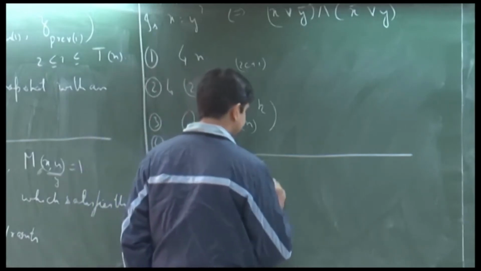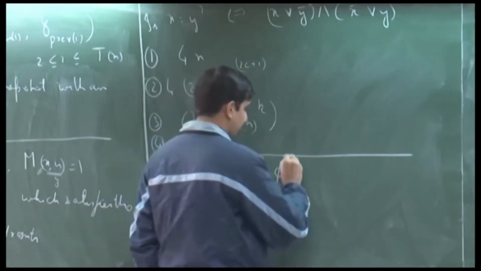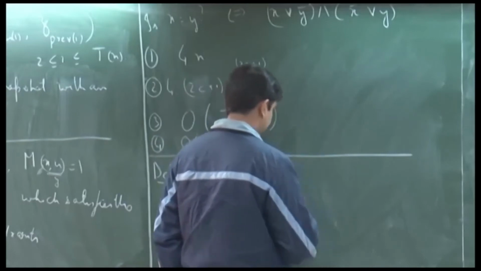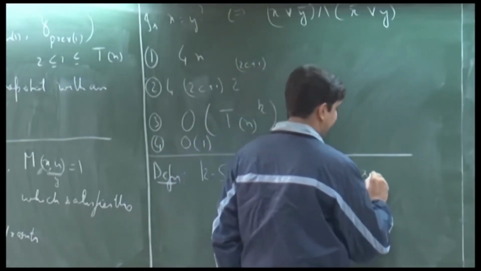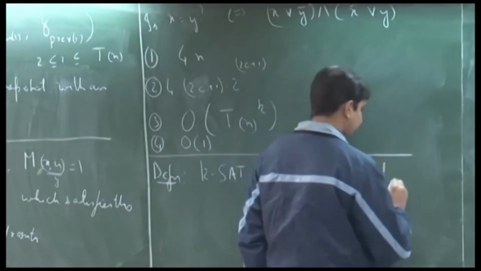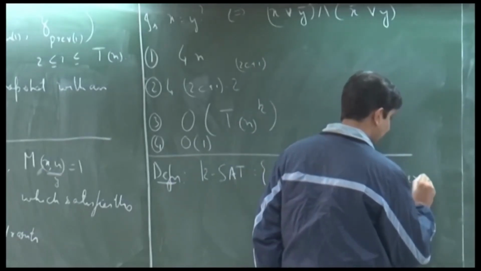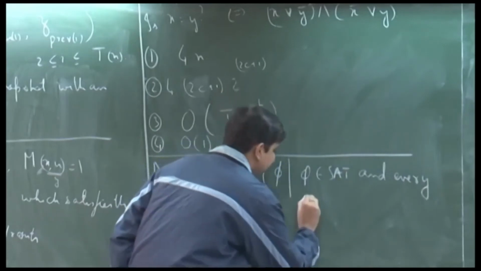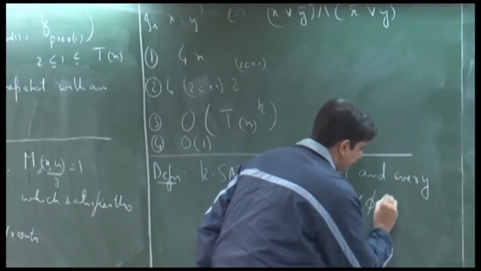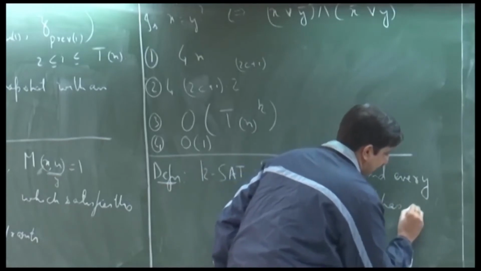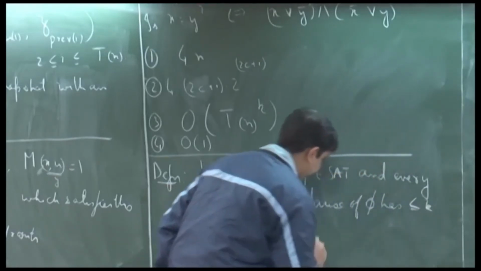K sat is the set of all Boolean formulas phi such that phi belongs to sat, and every clause of phi has at most k literals.